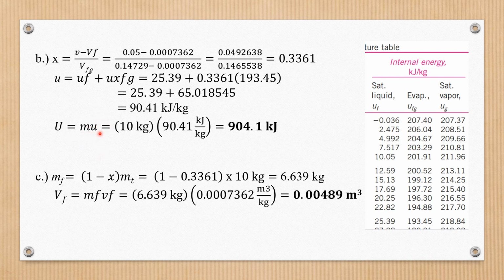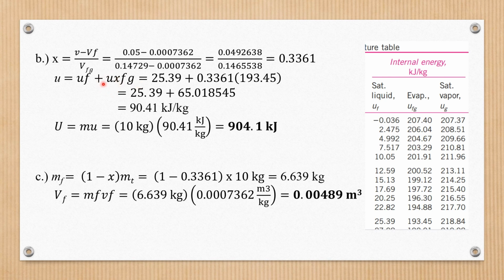Next is to find the total internal energy using the equation mass times internal energy. Since our internal energy is not given, we're going to find it first using this equation: internal energy is equal to saturated liquid plus the quality times the difference of saturated vapor and saturated liquid.